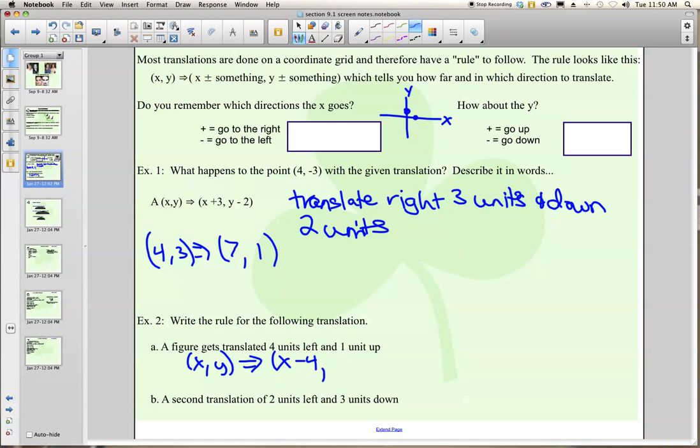You would subtract 4. And to go up 1 unit means that you have to take your y value and add 1. Subtracting 4 will make it go to the left 4 units, and adding 1 to the y will make the object go up 1 unit.